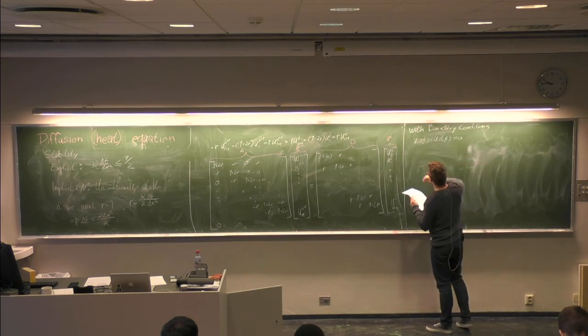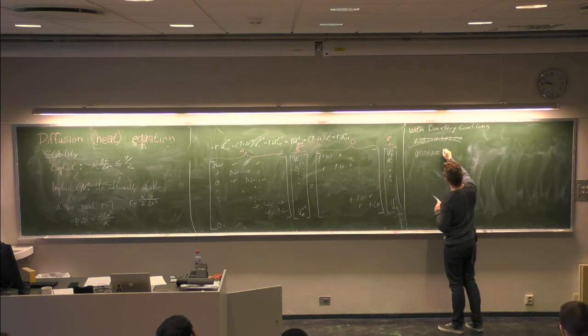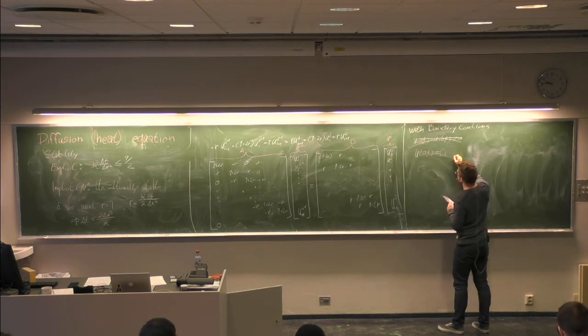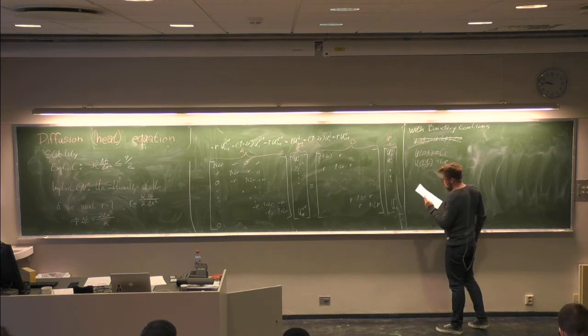So next we can look at, so I'll skip this, and we'll say u of 0, t equals some kind of constant to the left, and u of L, t is some constant to the right.